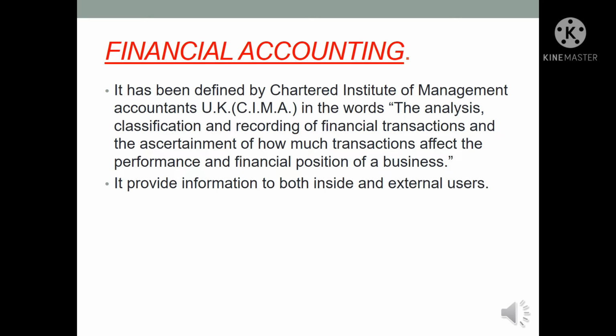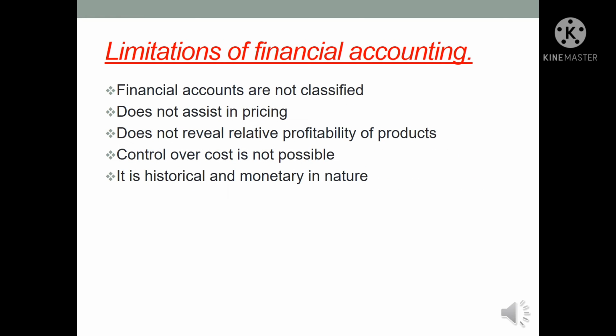Financial accounting is limited for management, as this information does not assist management in internal planning and control. Just like any other activity, financial accounting has some limitations, which can be summarized as below. First, financial accounts are not classified.